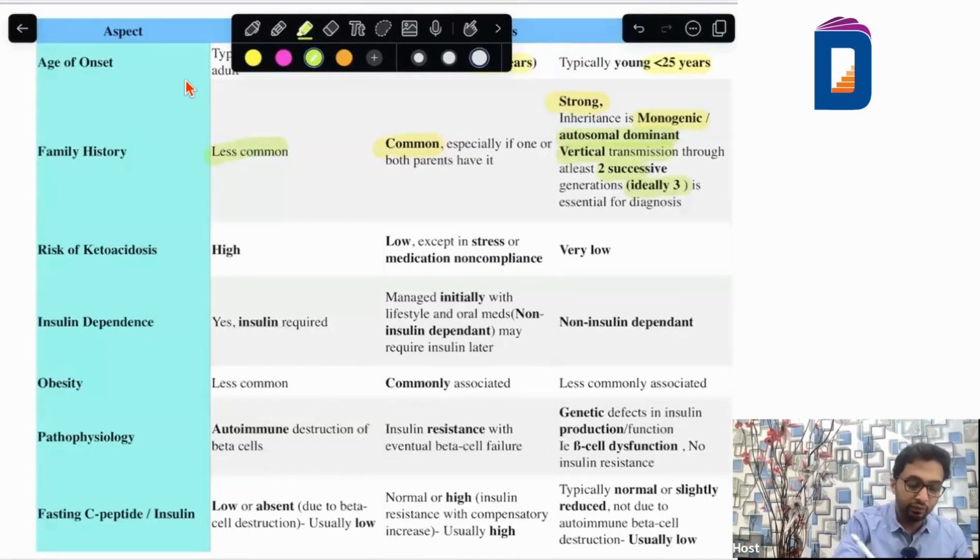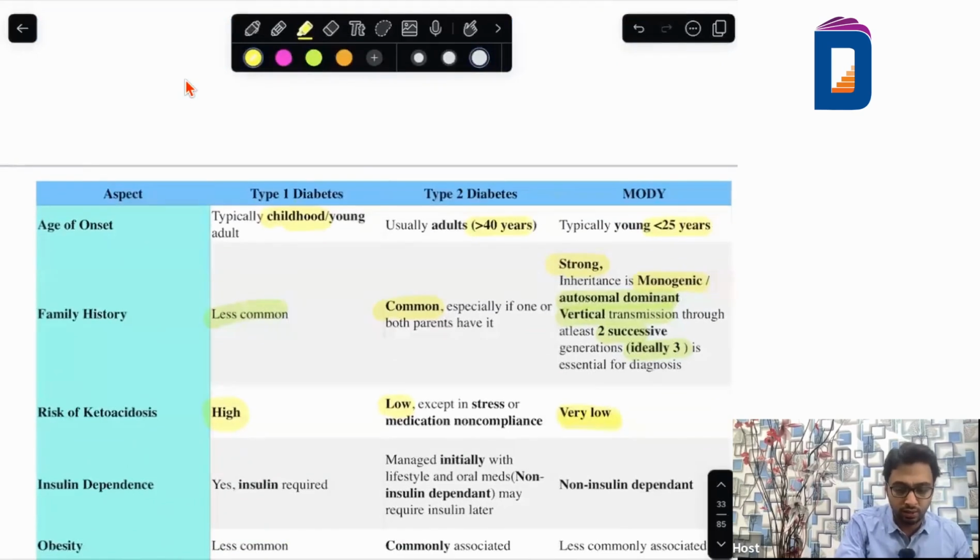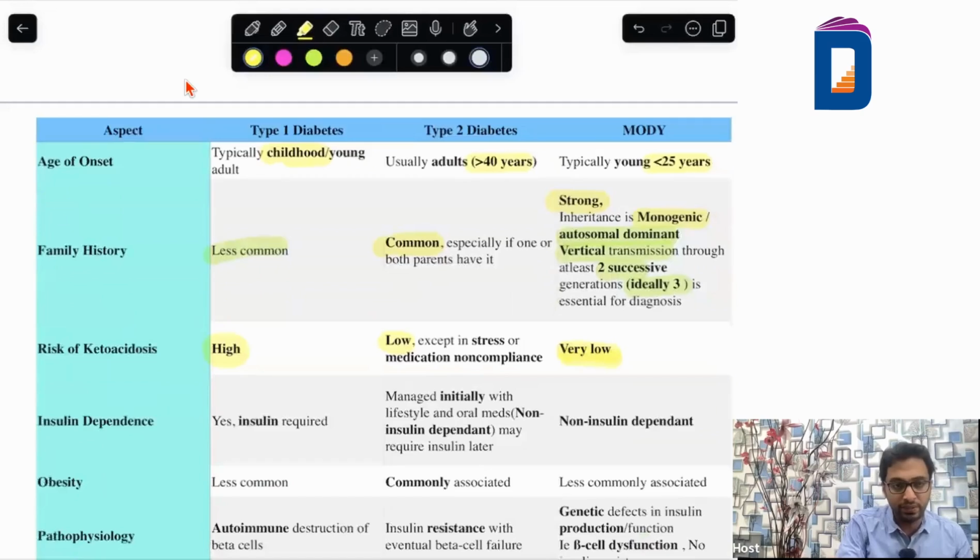Now, when it comes to your risk of ketoacidosis, definitely insulin is very, very low in type 1. So ketoacidosis is very high because fats are utilized. In type 2 it is low, except in stress. In MODY, very low. Here again, the problem is there is dysfunction. There is no absence. You still have some insulin to work with. MODY disease people still have some insulin.